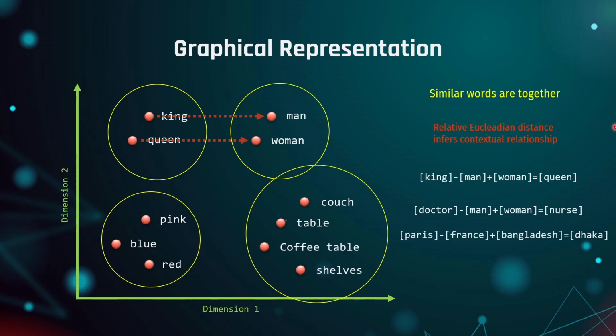Similarly, আমরা যদি প্যারিস থেকে ফ্রান্সকে বাদ দেই এবং বাংলাদেশ যদি আমরা অ্যাড করি তাহলে আমরা পেয়ে যাব ঢাকা, রাইট? কারণ কি বলেন তো? কারণ প্যারিস হচ্ছে ফ্রান্সের ক্যাপিটাল, রাইট? সো আমরা যদি ক্যাপিটাল ফিচারটা অ্যাড করি উইথ বাংলাদেশ, উই গেট দ্য ক্যাপিটাল অফ বাংলাদেশ, হুইচ ইজ ঢাকা, রাইট? সো সিমিলারলি আমরা যদি জাপান থেকে সুশি বাদ দেই এবং পিৎজা অ্যাড করি, উই গেট ইটালি, রাইট?